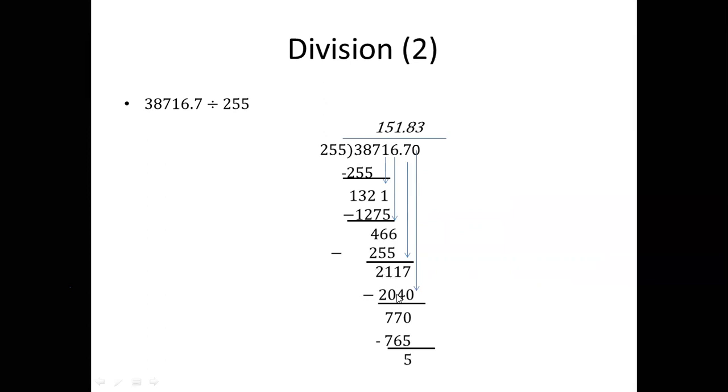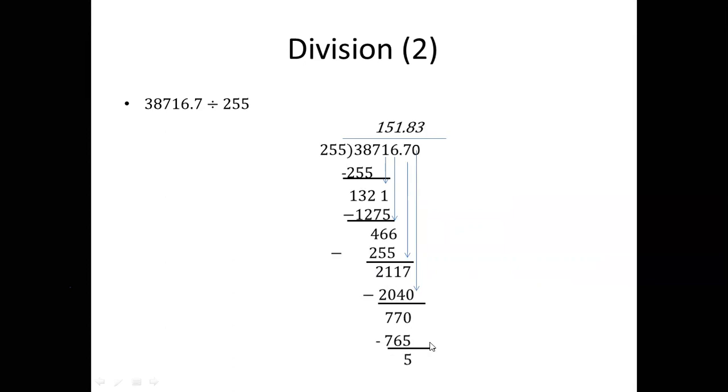Subtracting 2117 minus 2040 will give us 77. And then we bring down this 0, we get 770. How many times does 255 get into 770? That's 3 times. If we multiply this 3 by 255, we'll get 765. Subtracting 765 from 770, we'll get 5.